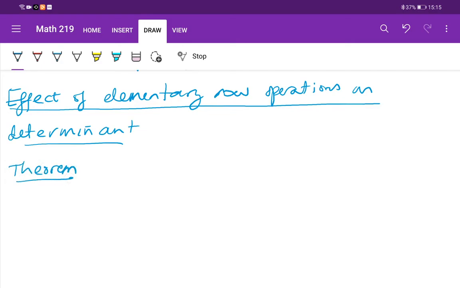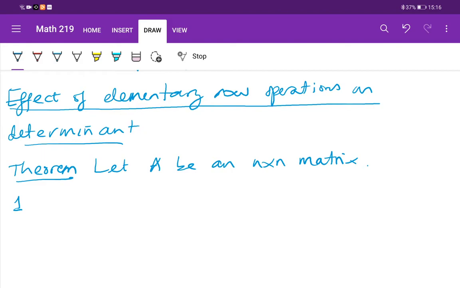Let A be an n by n matrix. Obviously, if A is not square, then we don't talk about its determinant. It's not defined. So we want to know what the effect of these 3 elementary row operations is on the determinant. And we have the following result.